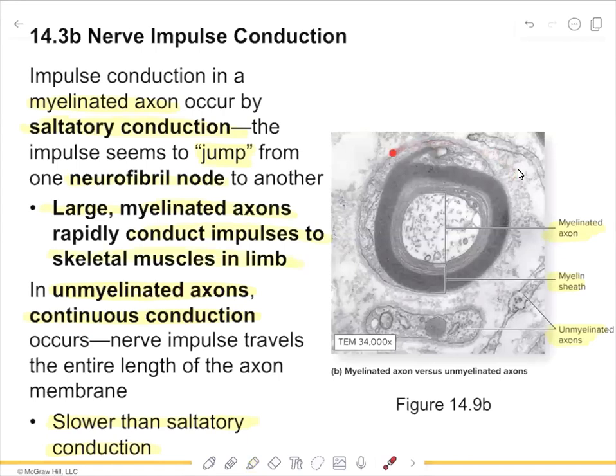And on the micrograph on the right side of your slide, this is showing a myelinated axon. Contrast that with an unmyelinated axon. We don't see any myelin that's surrounding that axon. And thus the signal is going to travel at a much, much slower rate.